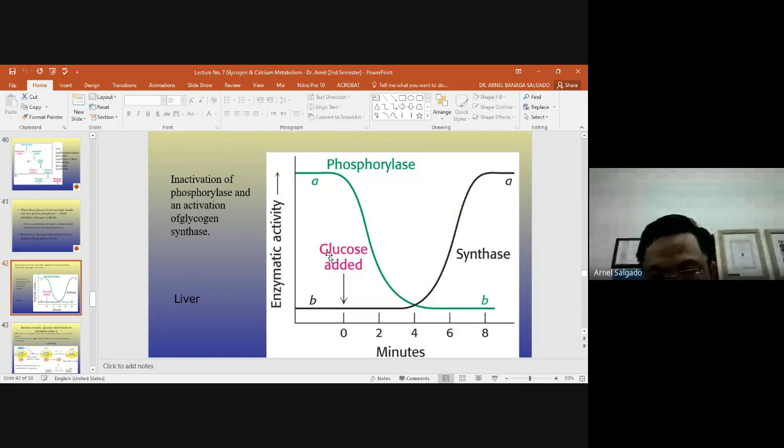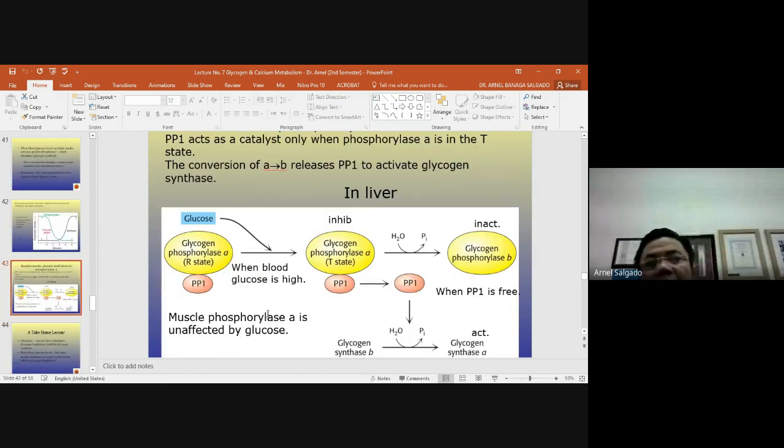But when glucose is decreased, we need protein phosphatase 1 to metabolize glycogen from the liver. That's how it goes. The inactivation of phosphorylase and an activation of glycogen synthase can be shown in this diagram. All right?